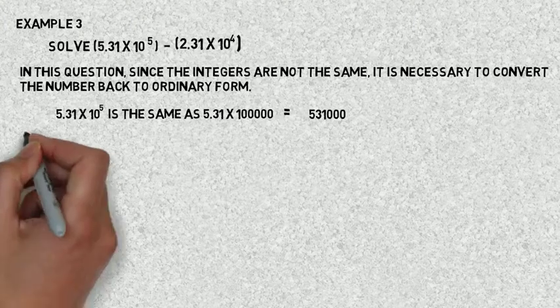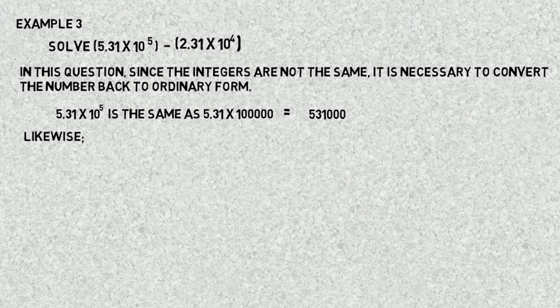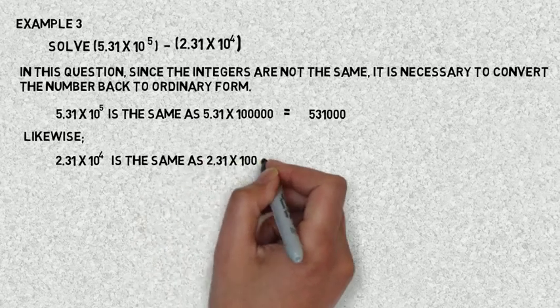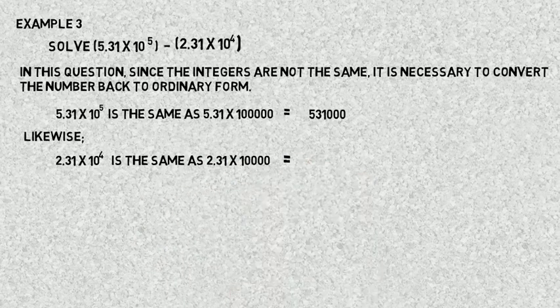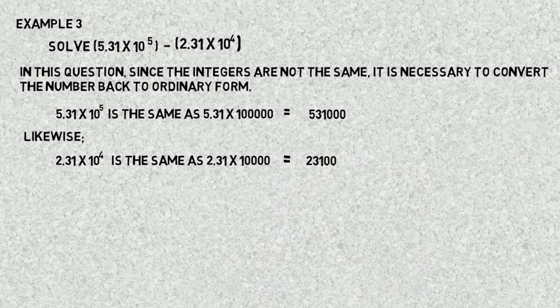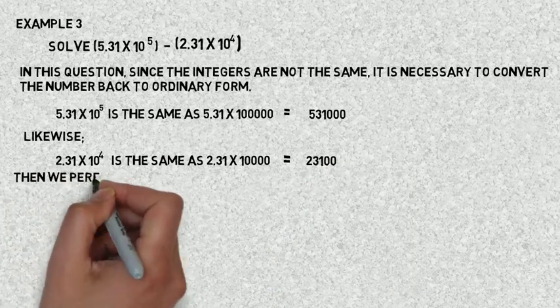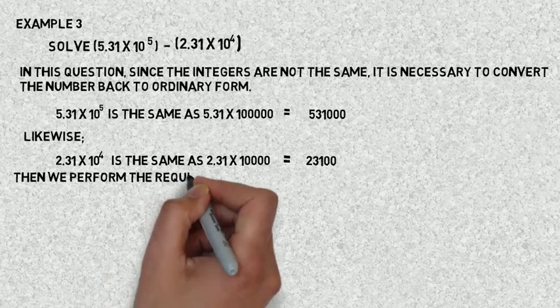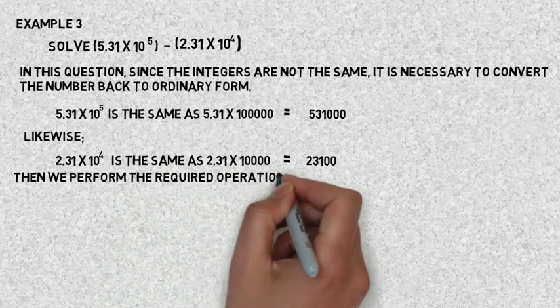So this equals 531,000. Likewise, 2.31 times 10 raised to power 4 is the same as 2.31 times 10,000, 4 zeros. This equals 23,100.